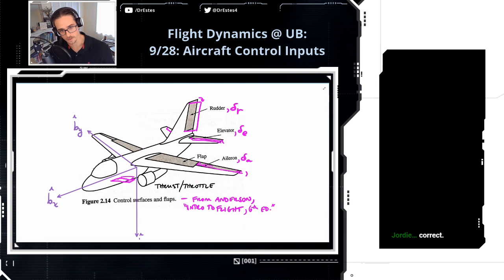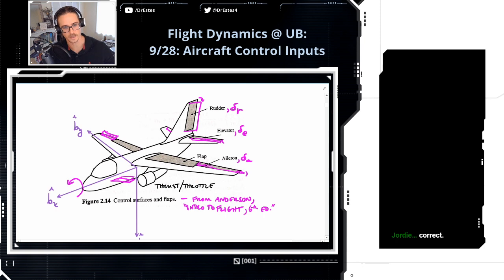Now, the interesting thing about the ailerons is obviously you got one on each wing, but this is what we use to roll the aircraft. So what we'll do is we might pitch one of these ailerons down, and then on the opposite side, we pitch it up. And that creates the capacity for the aircraft to roll.